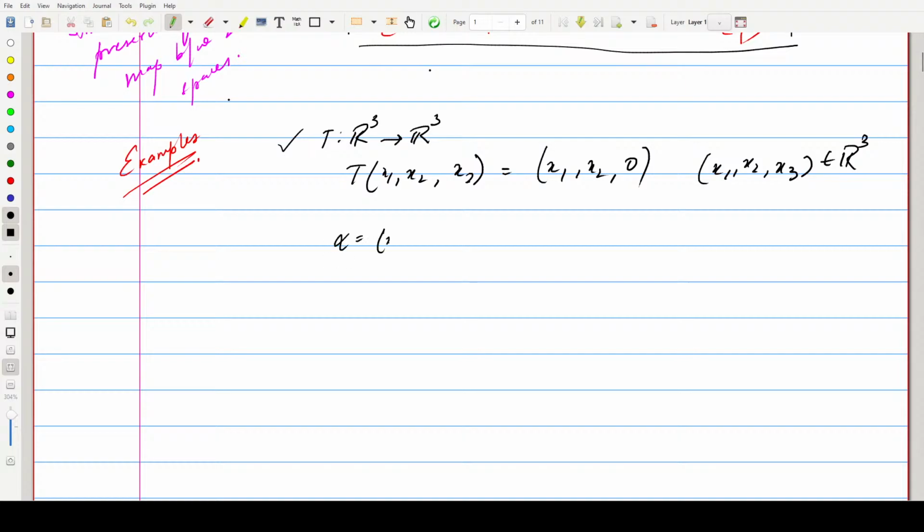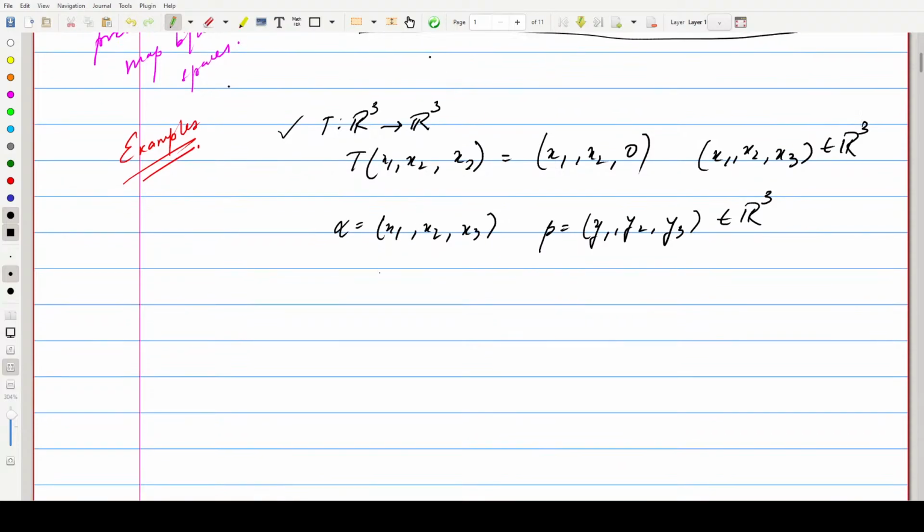Let alpha be (x1, x2, x3) and beta be (y1, y2, y3), two vectors of the vector space R3.